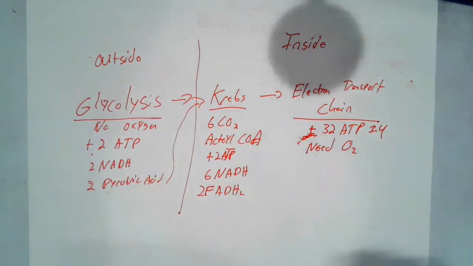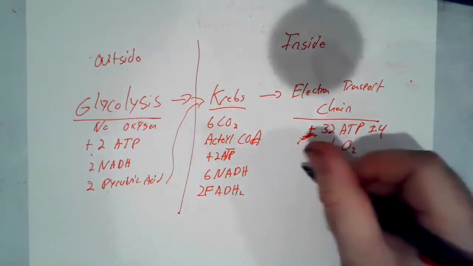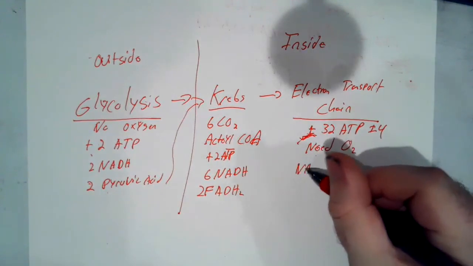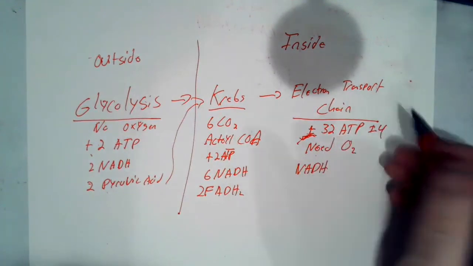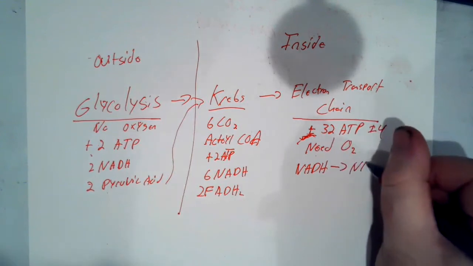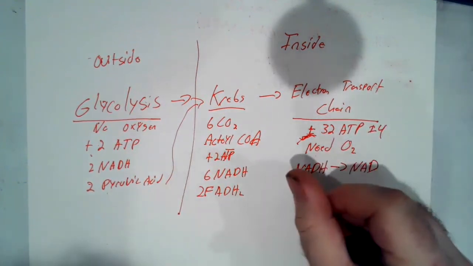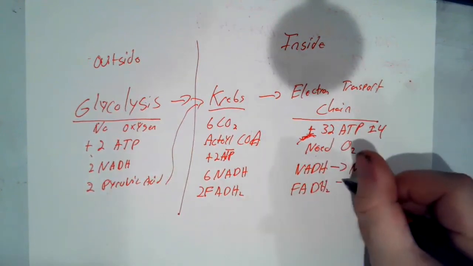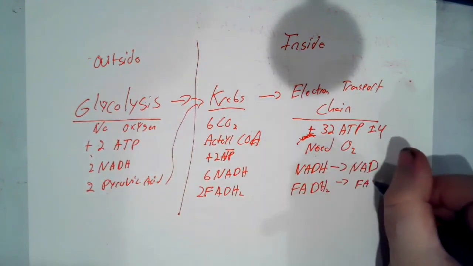Now, if you didn't watch the lecture, then this wouldn't make sense, but the final step is going from NADHs back to NAD, and same thing with FADH2 to FAD.